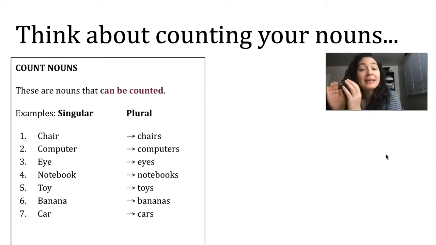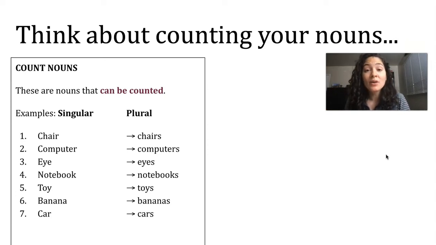We have count nouns. These are nouns that we can count. For example, a chair, one chair, or chairs with an S, plural, many chairs. Computer, computers. So here we have 7 different examples of count nouns.